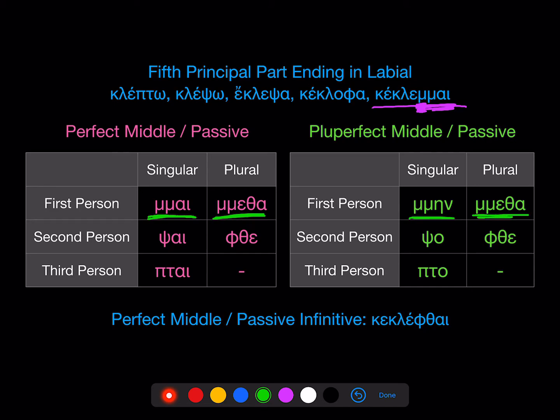But before the tau of tai and ta, you're actually going to see the labial: ptai, pta. Before the psi and sa endings, the labial plus the sigma combine to give you a psi: psai, psa. And before the sthe ending, the sigma drops out, and then the labial roughens to match the theta, so you get phthe. And whatever happens here is going to happen in the infinitive too, keklephthai.